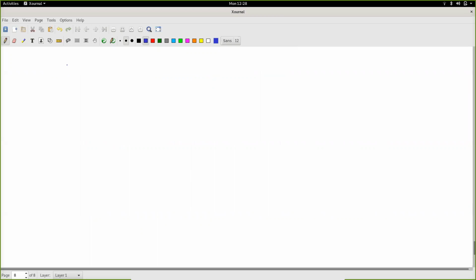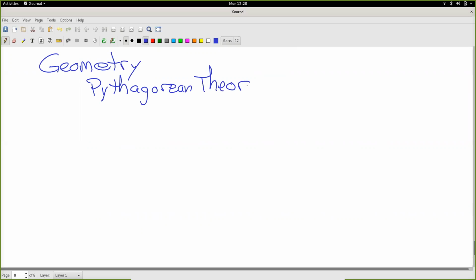Another place square roots come into play is in geometry. And in geometry, it's the Pythagorean theorem, which refers to right triangles. So with the Pythagorean theorem, you have to have a right triangle.